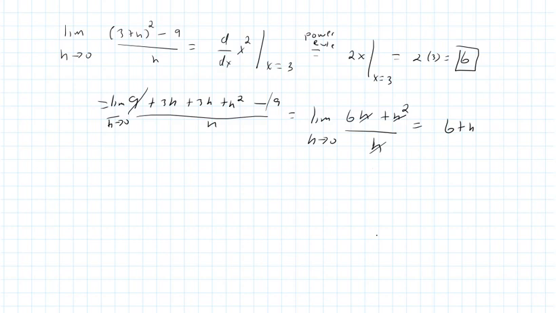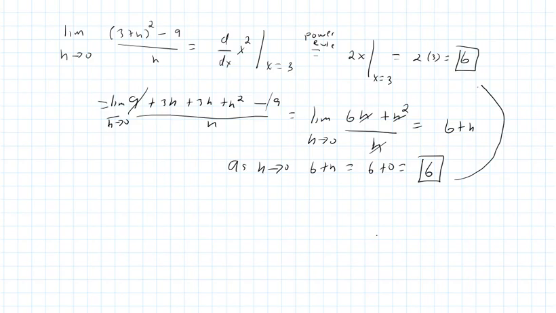And of course, as h approaches 0, 6 plus h equals 6 plus 0, which is equal to 6. And notice this is the same answer we got using the derivative. So there are two methods you can use to solve this type of limit that has a difference quotient.